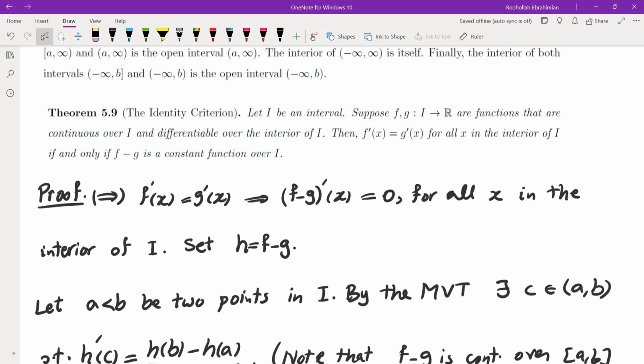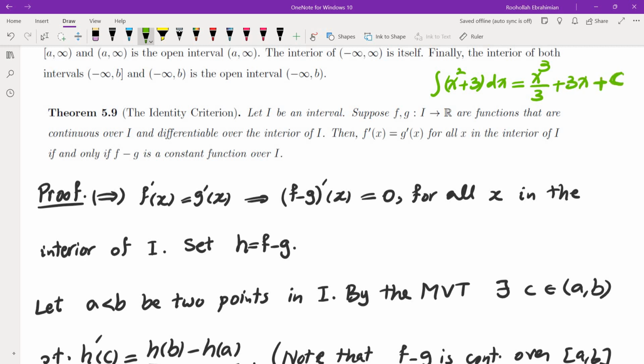This is the idea that we use a lot in integration. Anytime you integrate, when you say integral of x squared plus 3 dx, you found some function whose derivative is this, x cubed over 3 plus 3x, and then you always added a plus c.